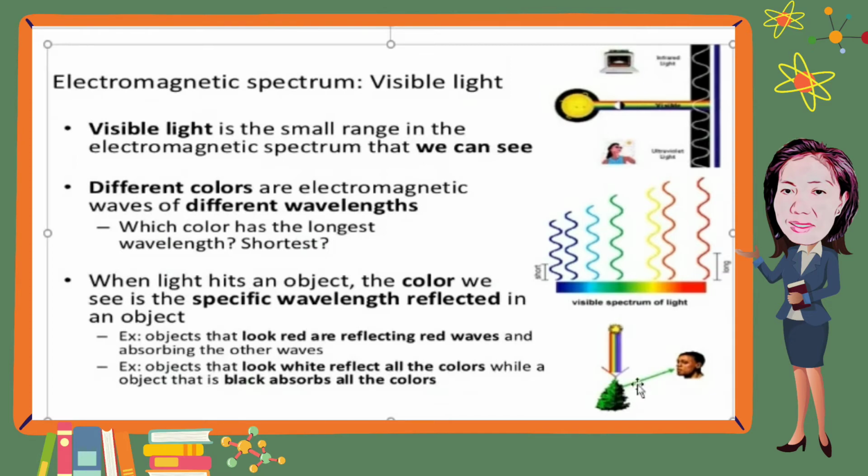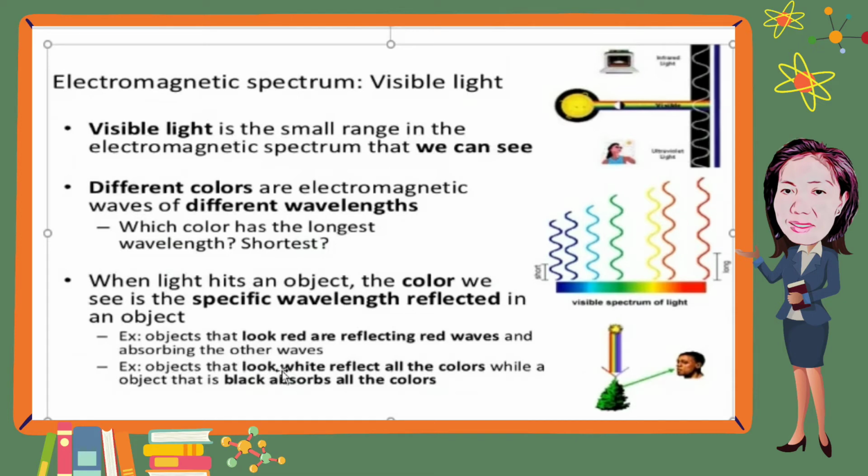And only color green is reflected into our eyes. So object that looks red are reflecting red waves only or red color. So the rest of the colors like the orange, yellow, green, blue, okay, so lahat sila na-absorb. Only color red is reflected.